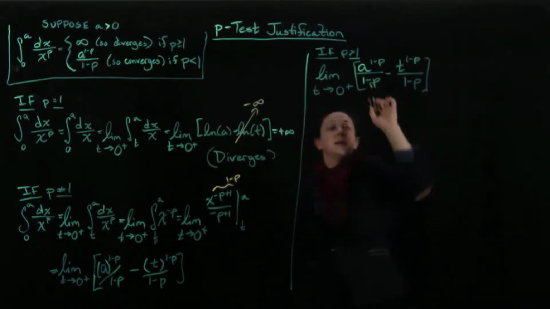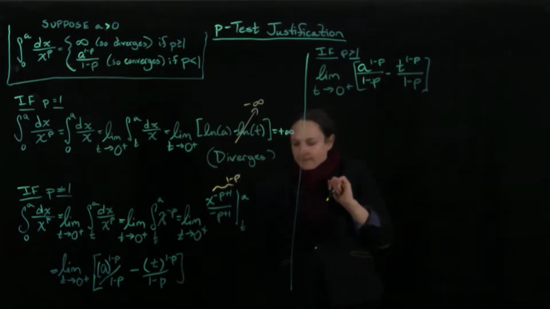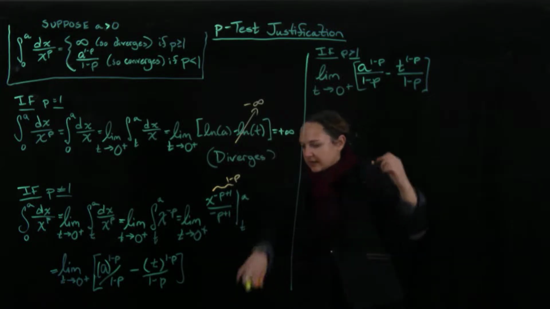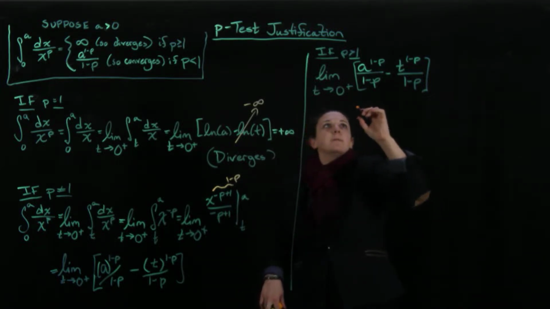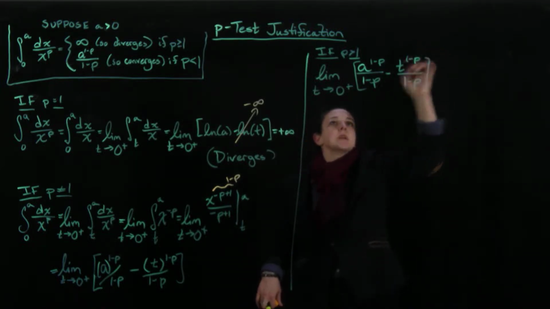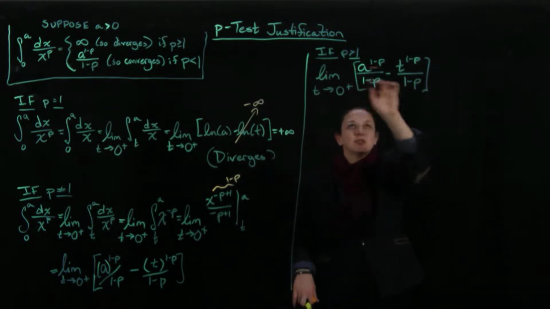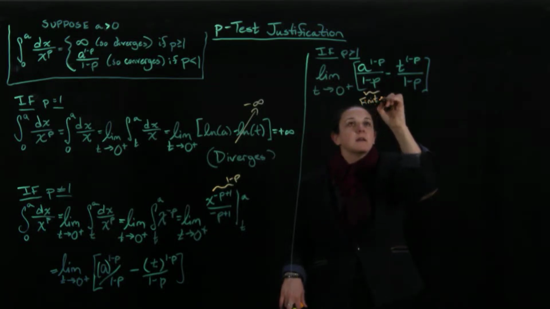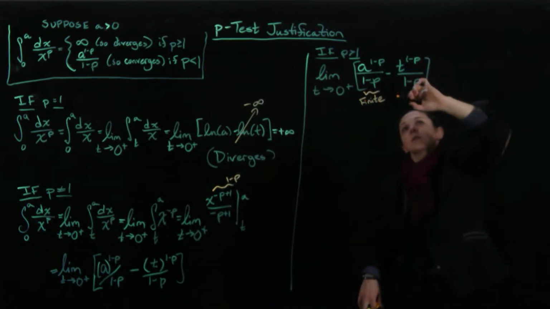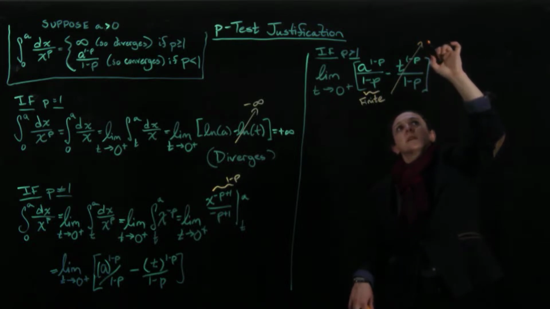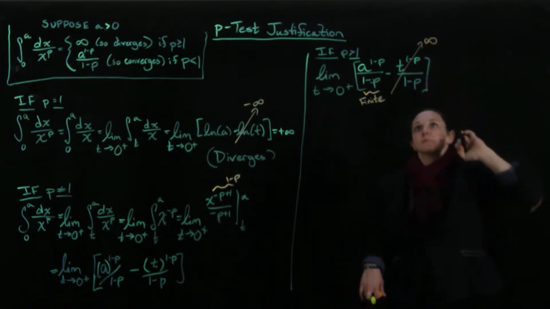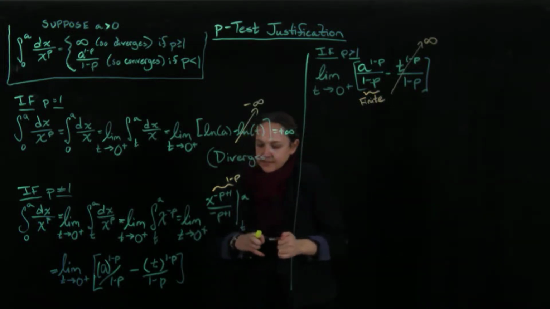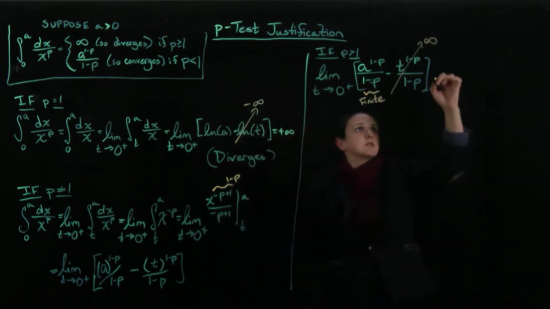But p is greater than 1, and so that tells me that the t term is going to go to infinity. The a term has nothing to do with this, it's just finite. So this is going to be positive infinity, or is going to diverge.